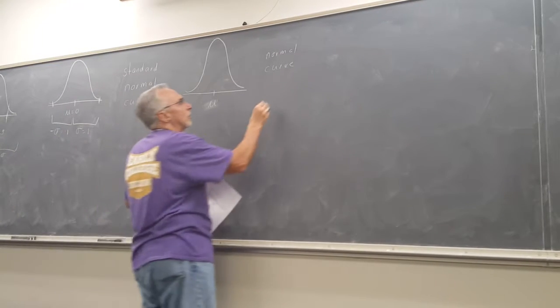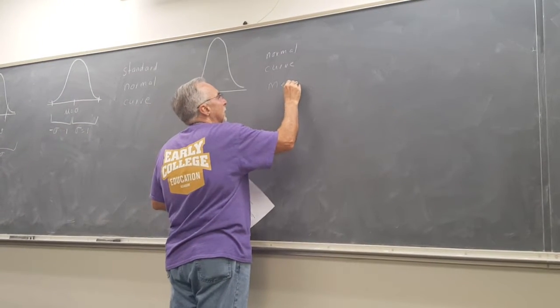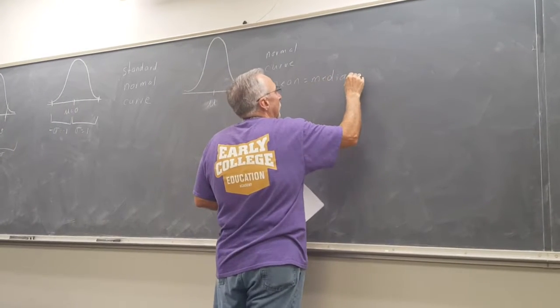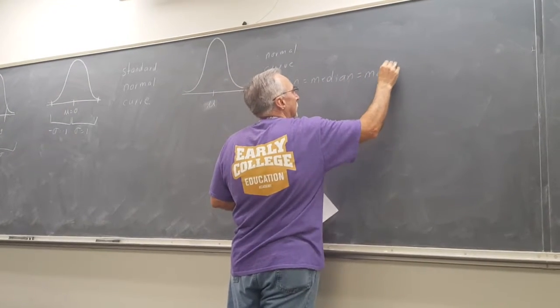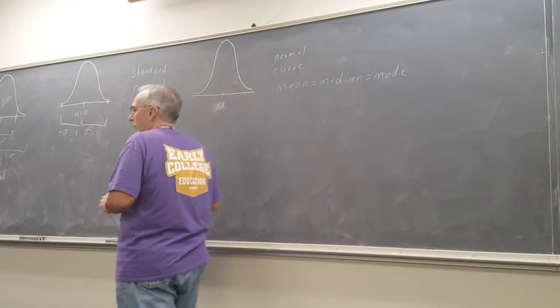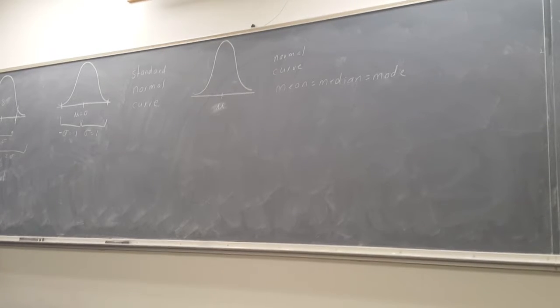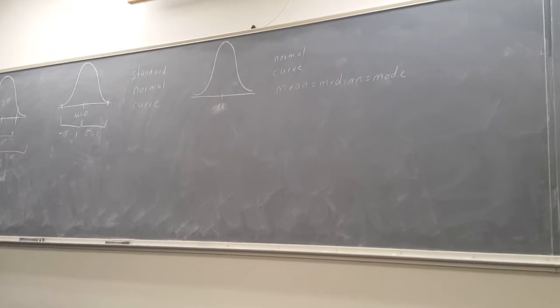On a normal curve, the mean equals the median equals the mode. So all three of those are going to be the same if you have a normal curve.